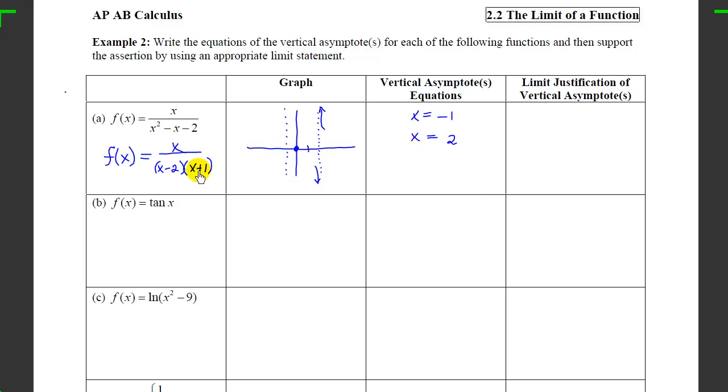If I look at -1 now, I can go a little bit bigger. So let's say I'm at -0.999. The top will be negative, this will be negative, and a -0.999 plus a 1 is a positive value. So I have 2 negatives and a positive, which will end up giving me a positive.